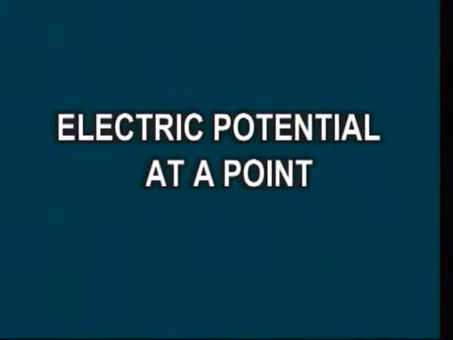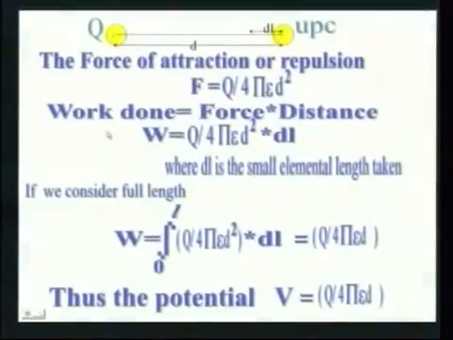Let us see what the electric potential at a point is. Let us calculate the potential of the charge q placed at a distance of d from this point. The force of attraction or repulsion on a unit positive charge, defined as UPC, is F equal to q by 4 pi epsilon d square.